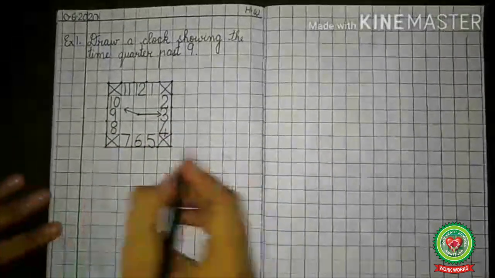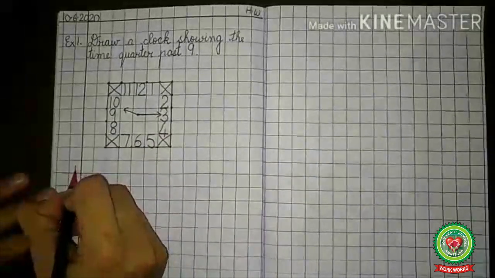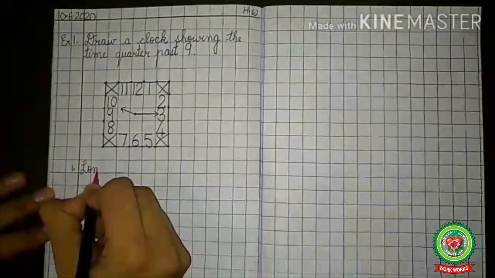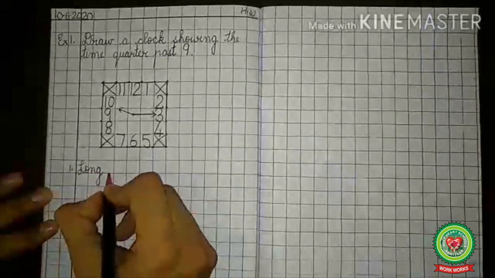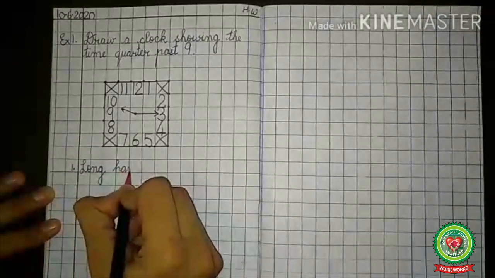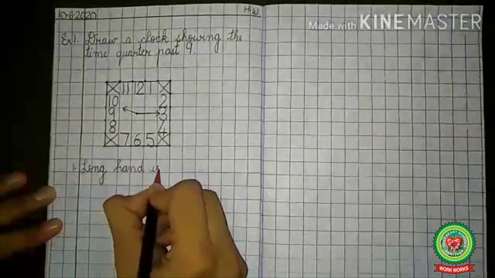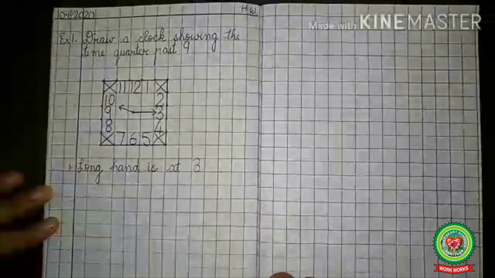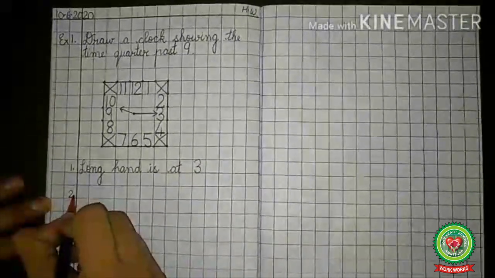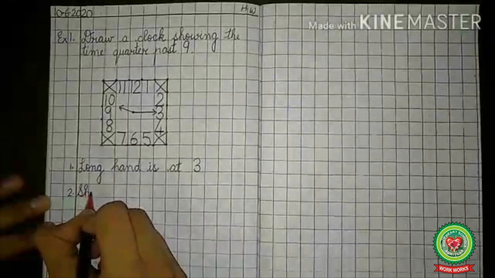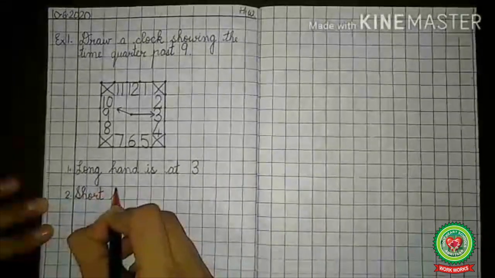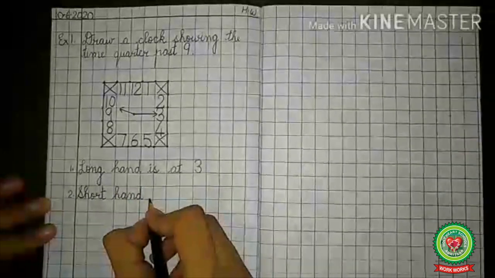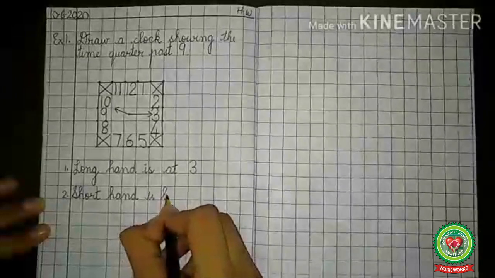And how will we write the time? Leave one line, put number 1. And we will write: long hand is at 3. Second point, leave one line: short hand, children, touch up, touch down, is between.